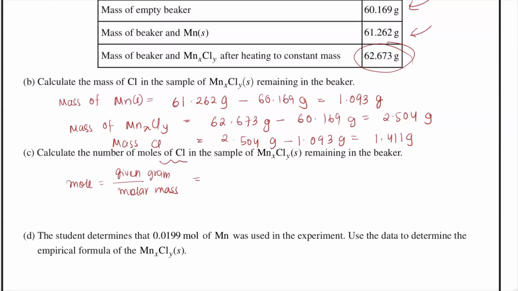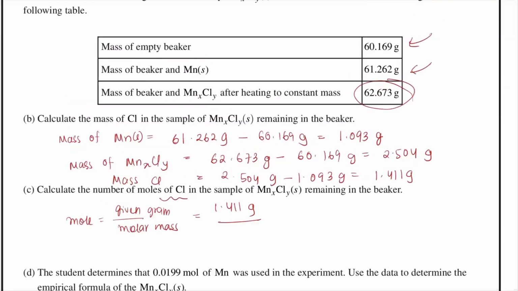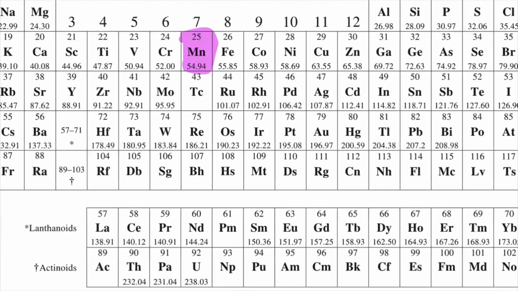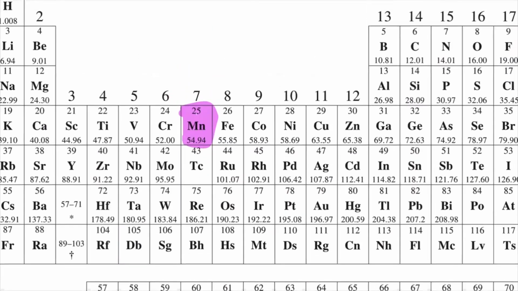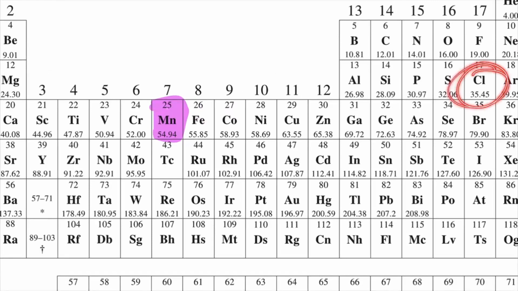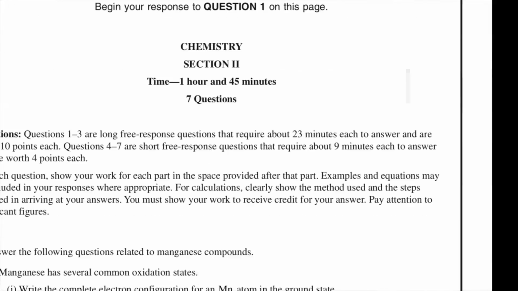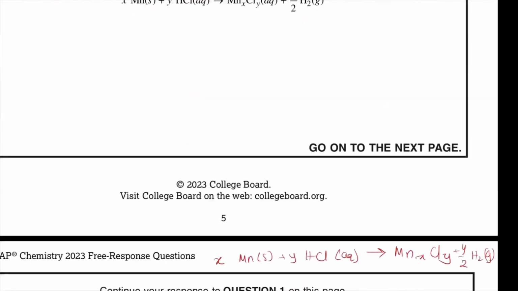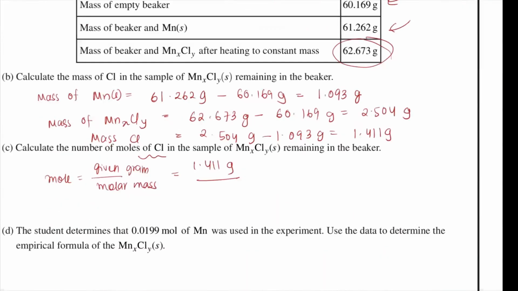So we take the 1.411 gram divided by the molar mass, which, let's check it out, for chlorine is 35.45 gram per mole.